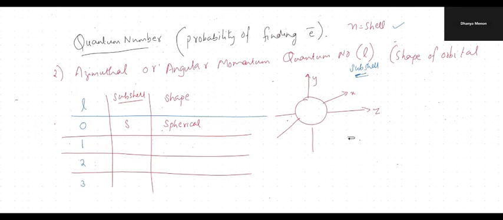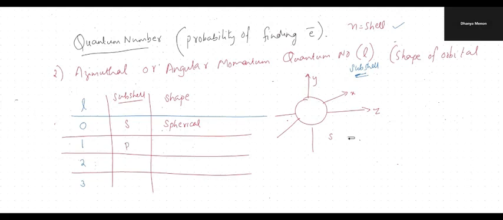This is the s orbital. So what shape does it have? Spherical shape. So if l has a value of 0, it represents the s subshell and it has spherical shape. And second, if l has a value of 1, it represents the p subshell.